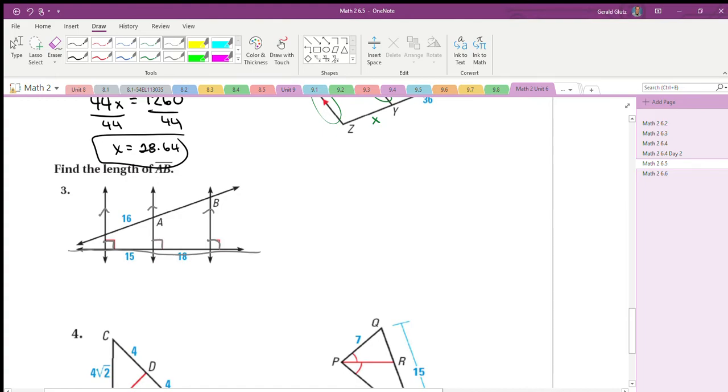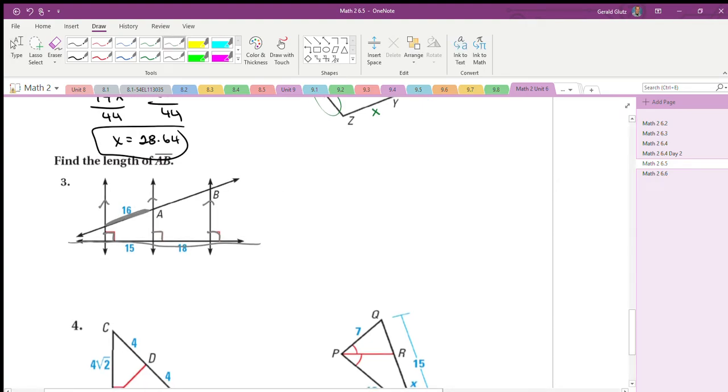So that means that all three of these lines are parallel. So if all those lines are parallel, then I know that this, let me erase that line, and this are proportional, and then this and this are proportional, so I'm going to call this x.